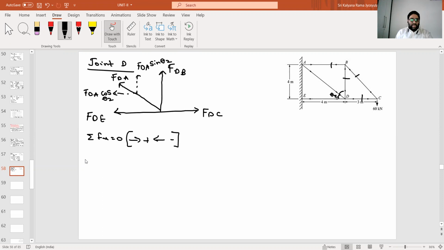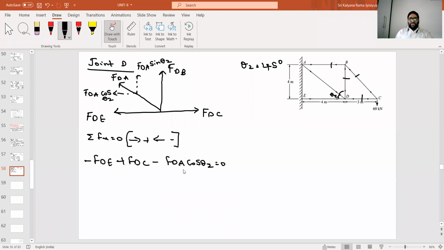So when we substitute, minus FDE plus FDC minus FDA cos theta 2 is equal to 0. Theta 2 means 45 degrees. For our understanding, initially we have calculated it.